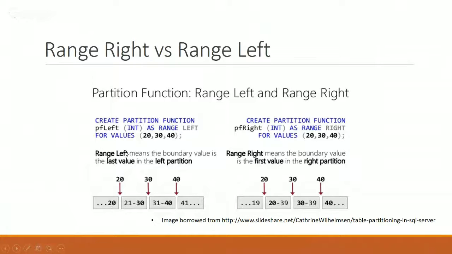It's essentially where the boundary data lands in the table. If I go range left, then 20 is going to end up in the previous horizontal partition. And if I do range right, then it ends up in the next partition.